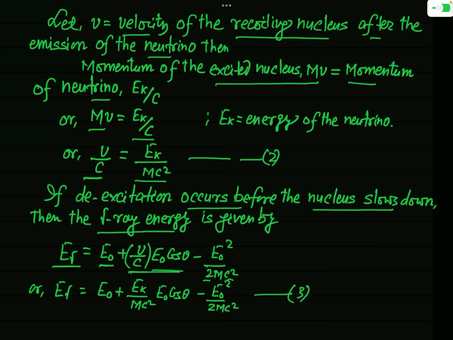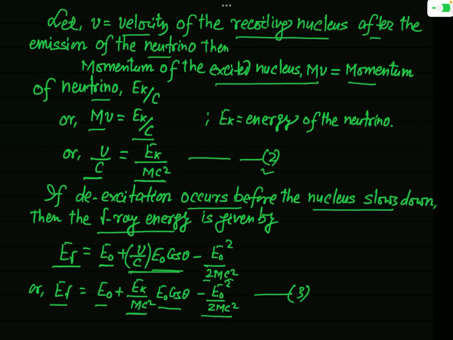Now you have seen in this equation 2 that this v by c is Ek by mc square. So instead of this v by c you can write Ek by mc square. So E gamma is equal to E naught plus Ek by mc square E naught cos theta and minus E naught square over 2 mc square.